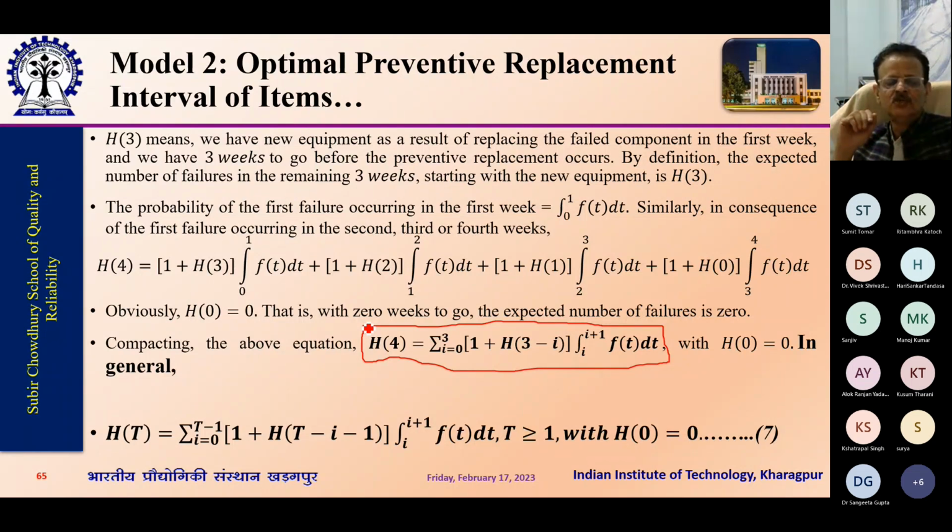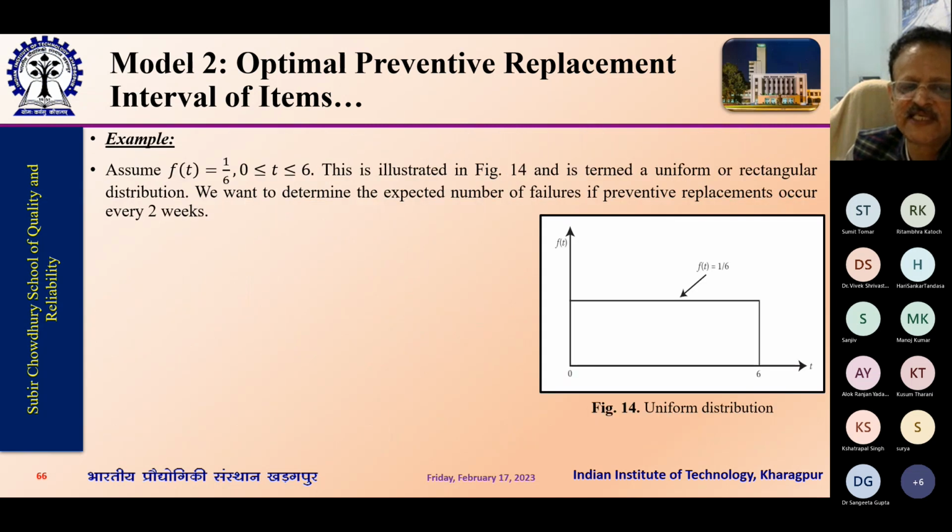The idea is you say the first failure occurs in the first week, then what are the expected number of failures in the remaining weeks? If that does not happen, there is another possibility. You are considering all the possibilities within this 4 week period and finding out the expected number of failures, and then you are generalizing it to find the expected number of failures in a discrete manner.